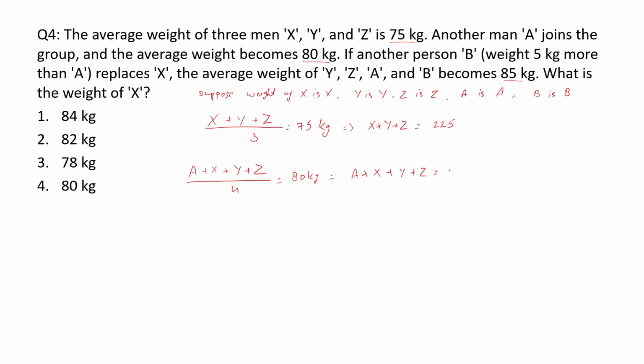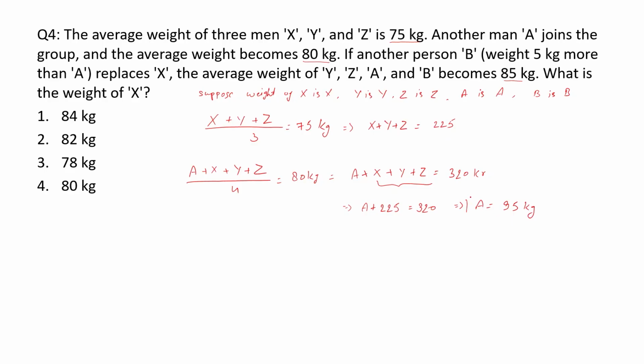That means 320 kg. But you already know that x plus y plus z is 225. Just substitute the value. So a plus 225 is 320. So this implies a is 95 kg.